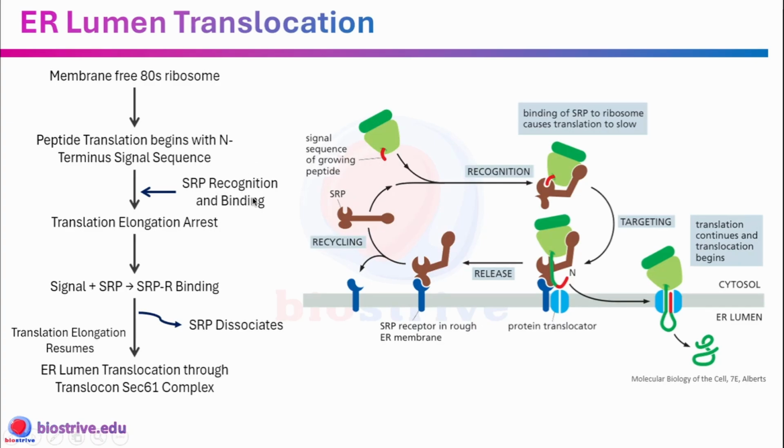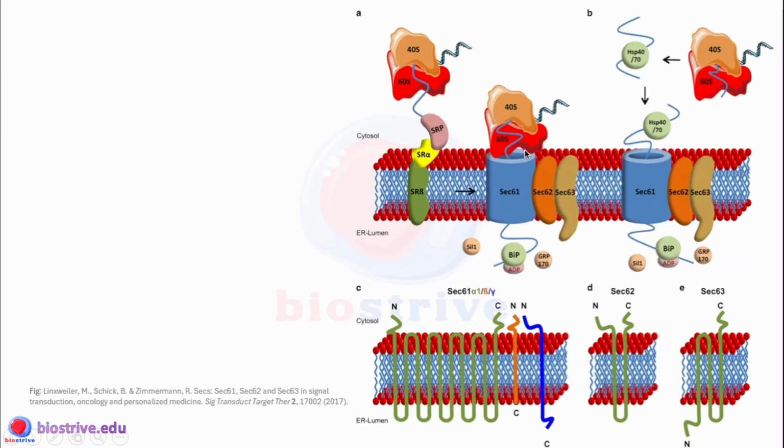When the SRP protein binds with a ribosome, it induces the translation arrest, and when it interacts with the receptor, the ribosome binds to this membrane and it results in ribosome docking. SRP moves away due to GTP hydrolysis. The protein will start translocating into the lumen, as well as the translation process has also begun by removing this SRP particle. The SRP particle will recycle into a new cycle of this ER lumen translocation.